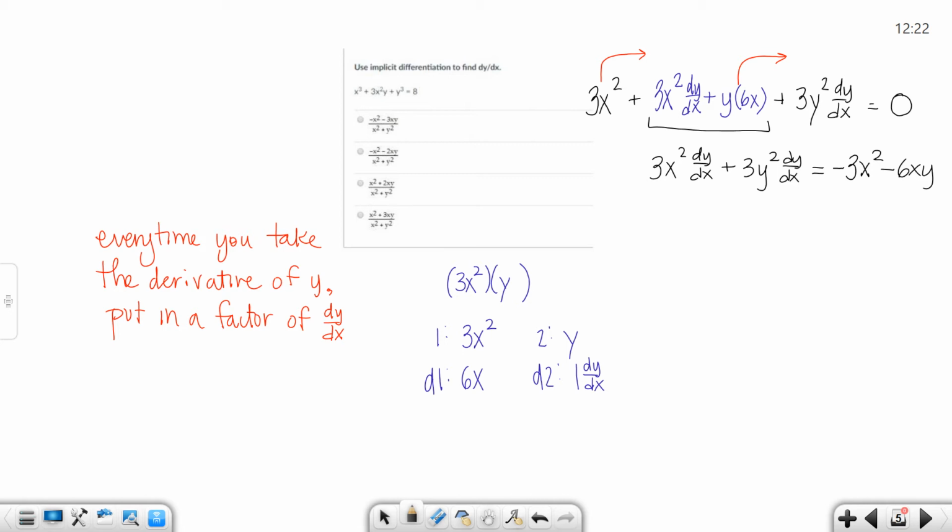Get your dy dx's on one side and everything else on the other side. Okay, next you'll factor out a dy dx. To get dy dx by itself, you'll divide both sides by 3x squared plus 3y squared.